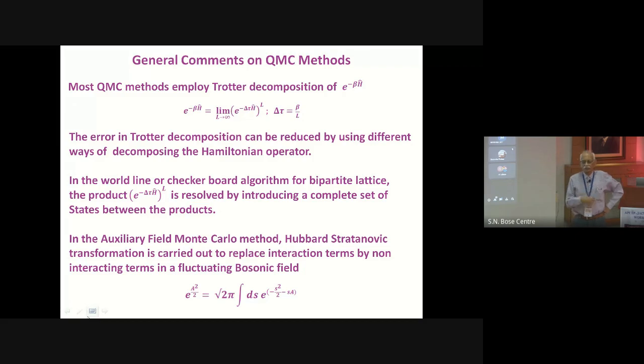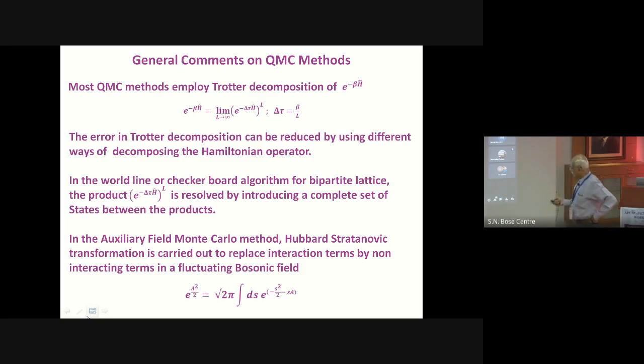It is written as a checkerboard pattern for bipartite lattices, and you can sample them using techniques like the Monte Carlo technique, but they are not the most efficient ones because you get into what are called ergodicity problems in Monte Carlo, where you will get stuck with a certain configuration and you can't easily change it. But this is just, I'm just giving you a flavor of what quantum Monte Carlo methods are.